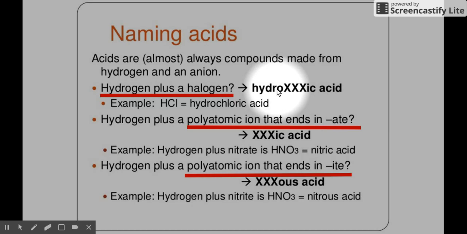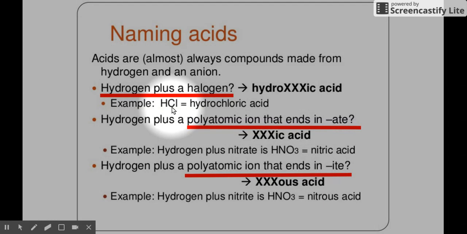Therefore the name is hydrochloric acid. Chlorine becomes chloric. So always remember that the prefix hydro is only applicable for binary acids. Again, binary means you only have two elements. One of them is hydrogen, the other one is a halogen. Two elements all in all.